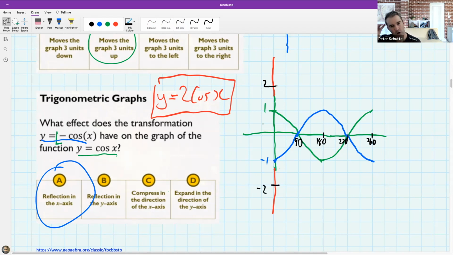So take a moment. What I would do is mark off 90, 180, 270, 360 on the horizontal. And then I'd mark off 1, 2, -1, -2. And then once you're done drawing the graph, I want you to let me know.